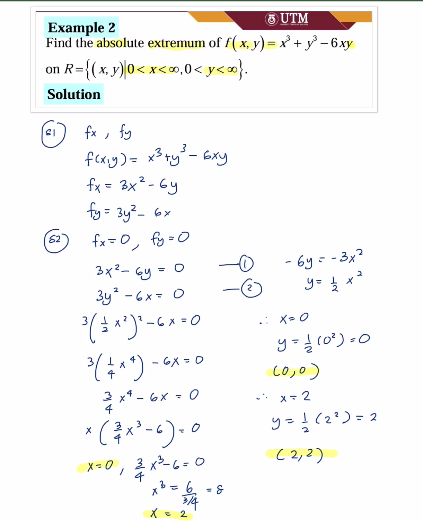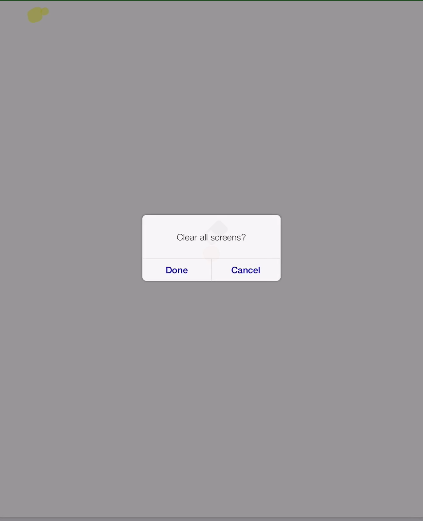Now we already have the critical points, (0, 0) and (2, 2).